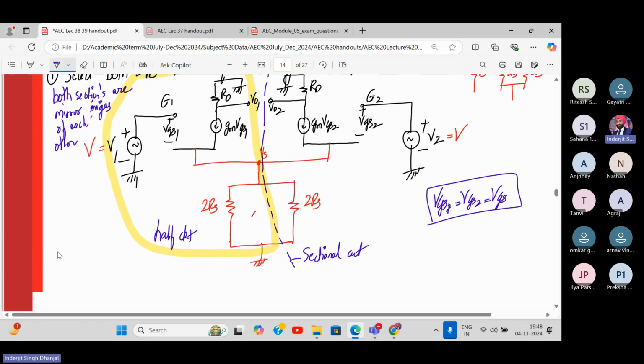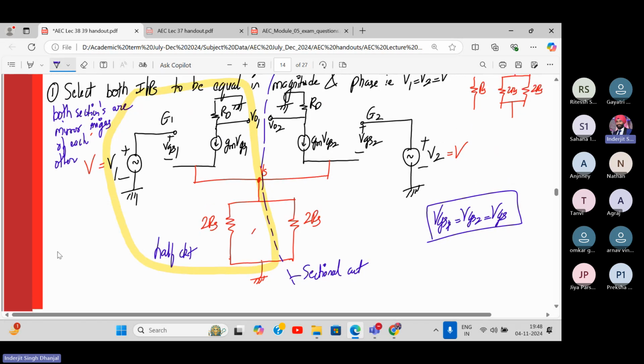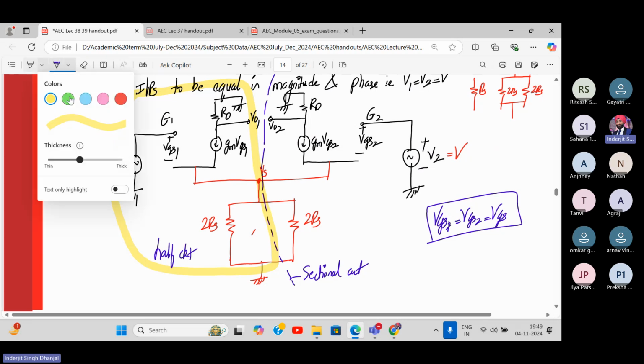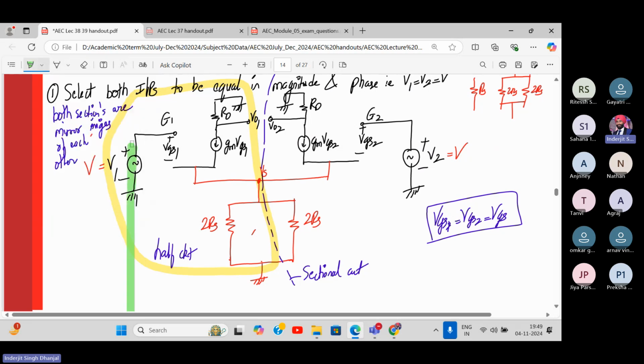I'm not drawing it separately; I'm doing it directly over here right now. All right. Now, can I apply KVL over here in this loop? In this loop, I can apply KVL.